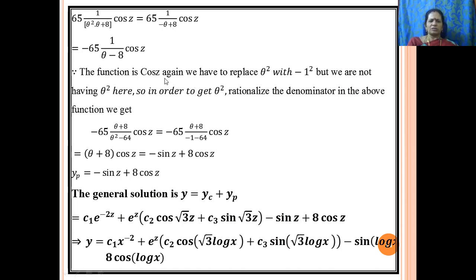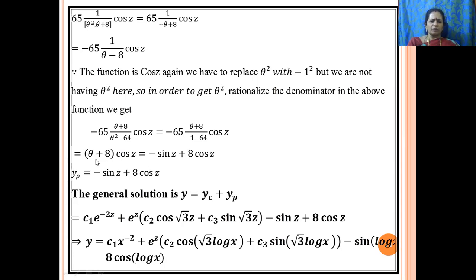Since the function is cos z, again we have to replace theta square with minus 1, but we are not having theta square here. So in order to get theta square, we rationalize the denominator. After rationalizing, we substitute theta square with -1 and we will get this.